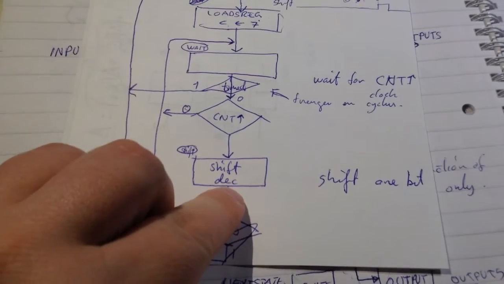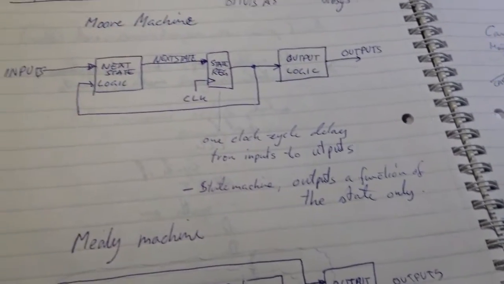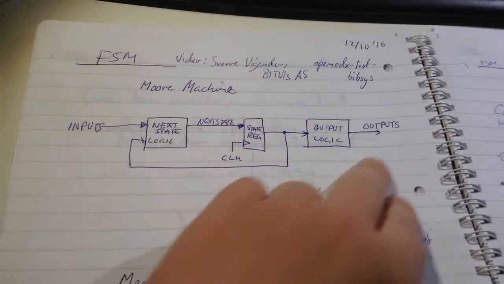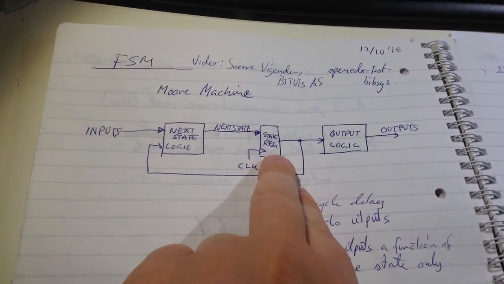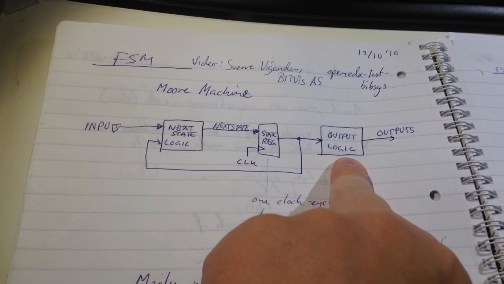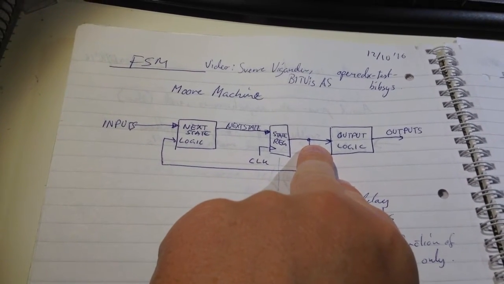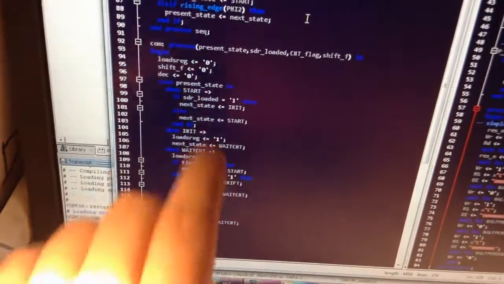So the only thing I do, and you can also see that from here, the only sequential thing you have in this state machine is the state itself. The output is just a function of the state, and actually you can see that here.